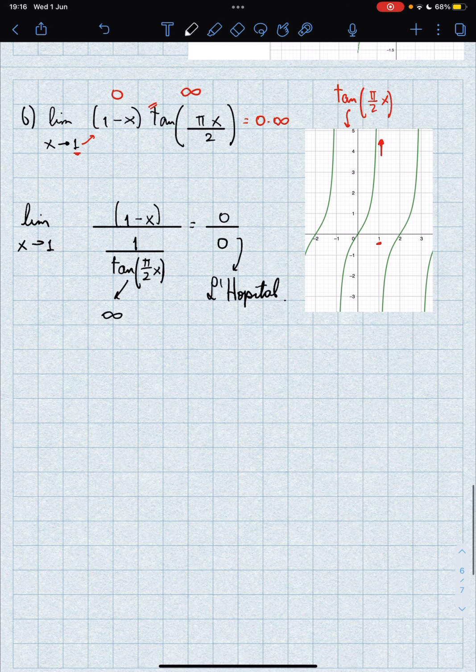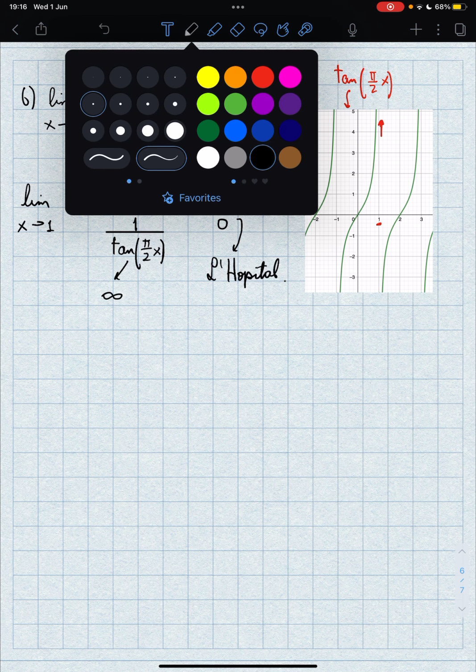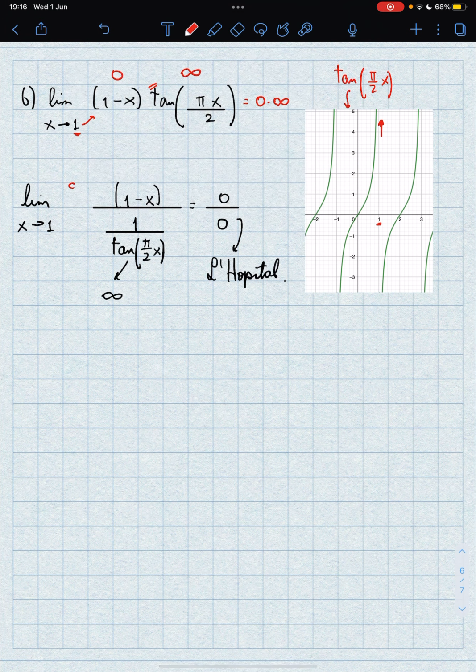So we can do the following: we need to derive d over dx of this expression and d over dx of this expression.